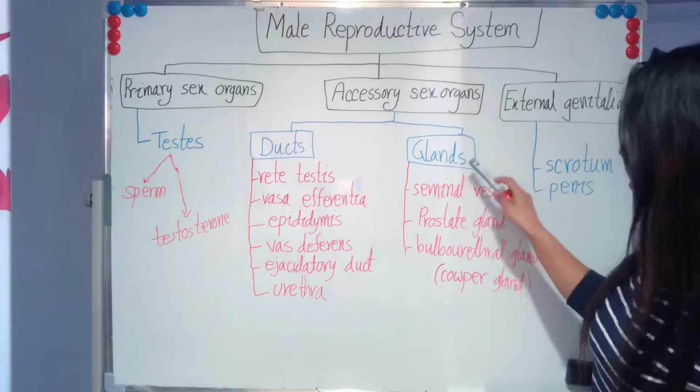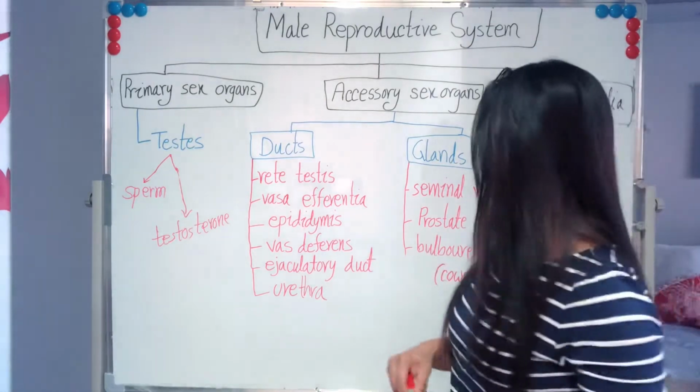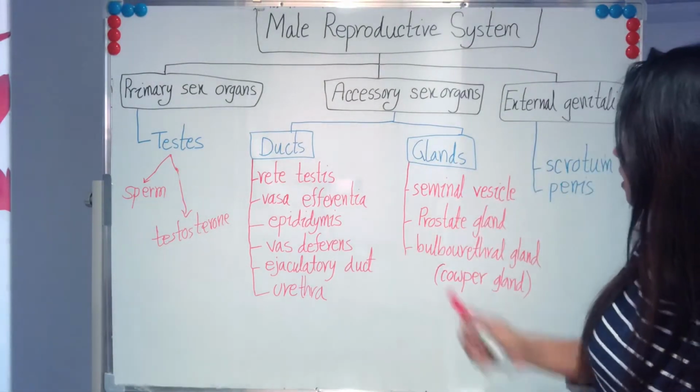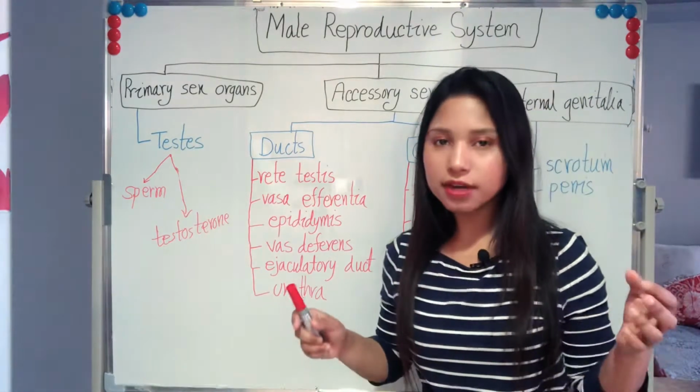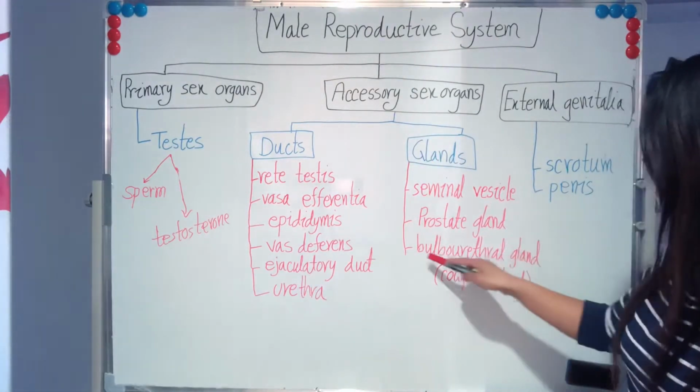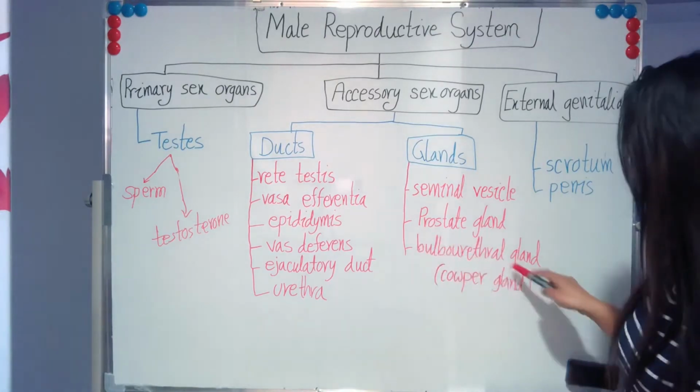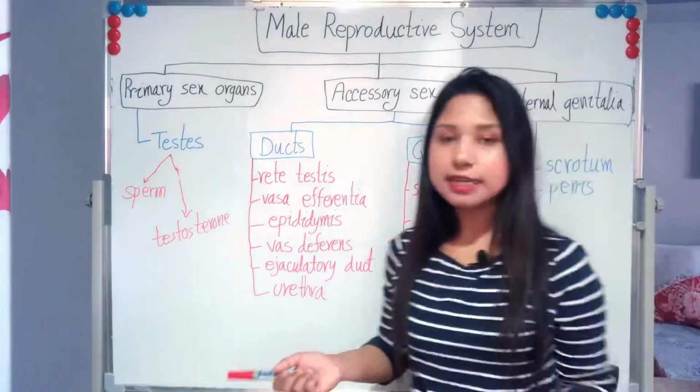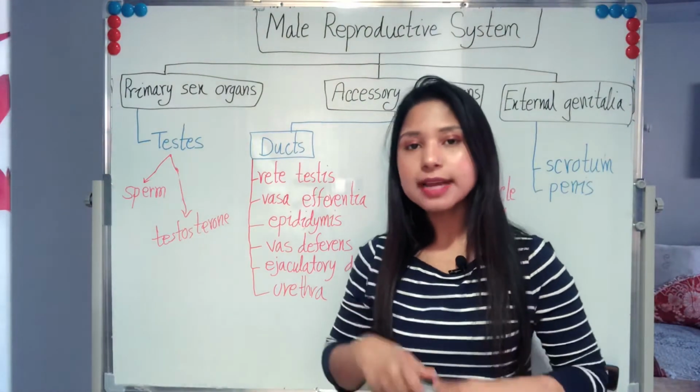Then glands. Male reproductive system has three types of gland: seminal vesicle, prostate gland and bulbourethral gland. Bulbourethral gland is also called Cowper's gland.